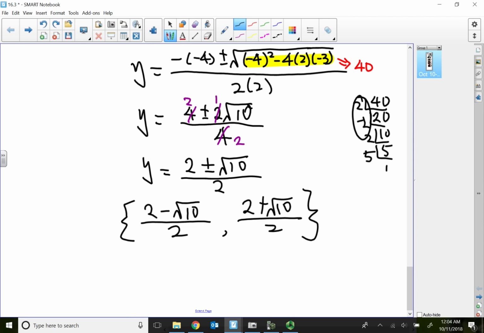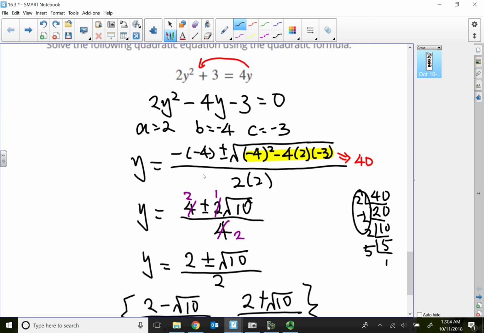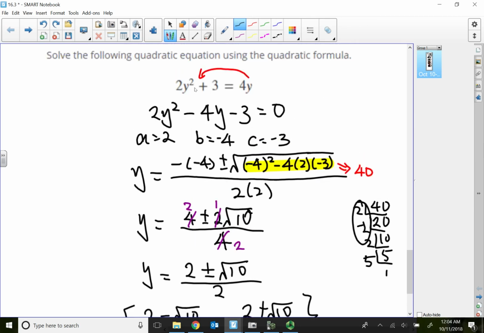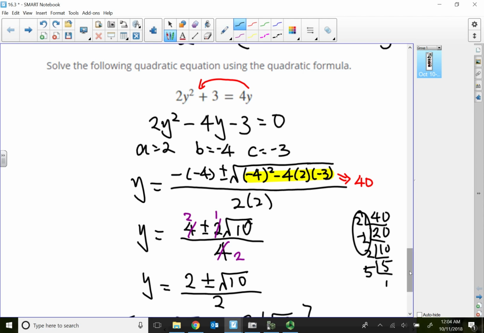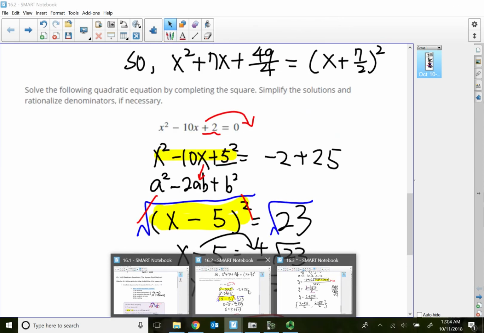Okay, so that's how we actually use the quadratic formula to solve quadratic equations when these quadratic equations cannot be factored. So do we have to do perfect square binomial?